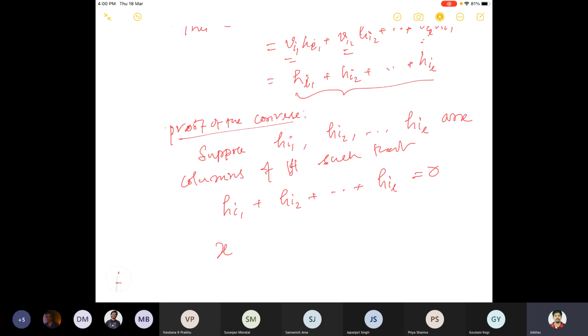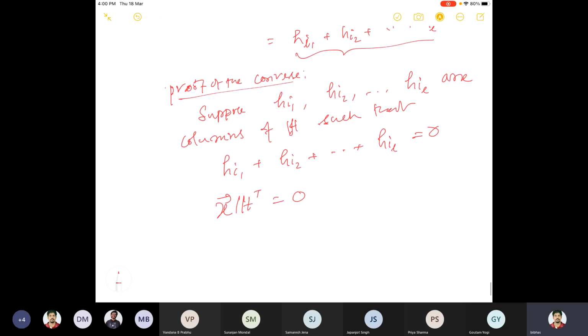I have to show that this x is a code word, and not only that, there will be exactly L positions where it is non-zero. So I have to construct vector x such that x times H transpose will be equal to 0, because that's the definition of a code word. So can anybody tell me how to construct this x?